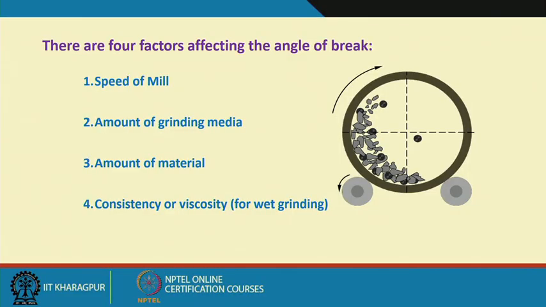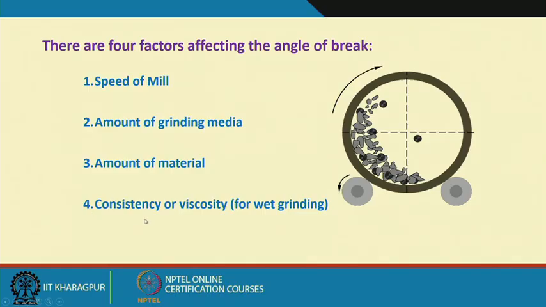Three, the amount of material to be broken, that means the rate at which you are feeding the material, the quantity of material you want to break per unit time. And four, the consistency or viscosity for wet grinding.